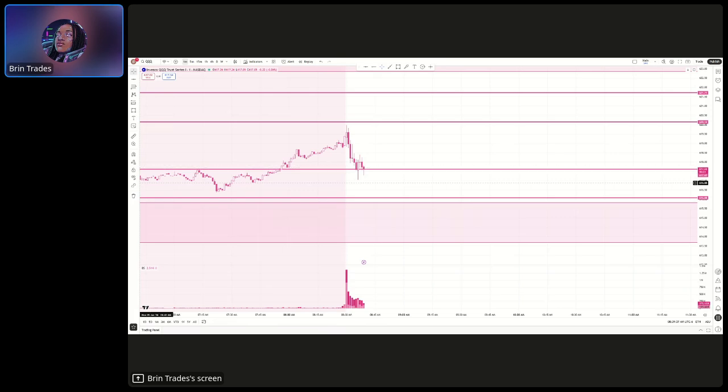It is wicking at the price target. There's a lot of wicks on the red candles.